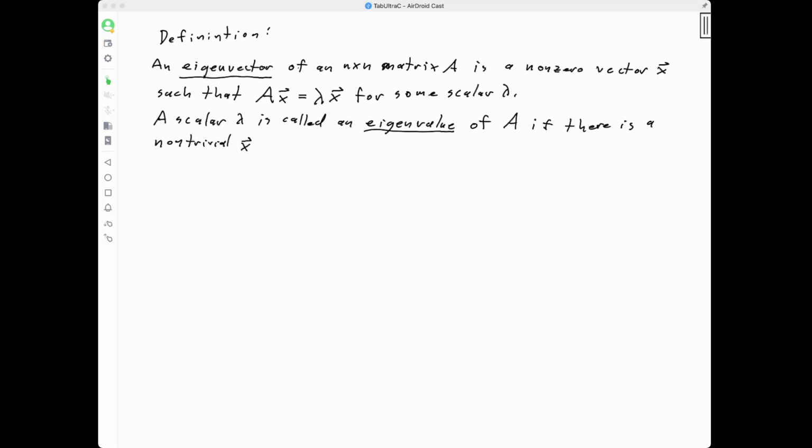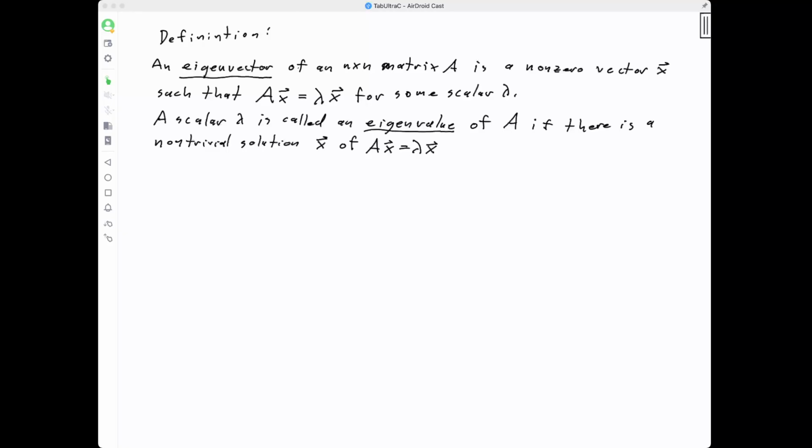What we mean by a non-trivial x is an x other than 0. So a non-trivial solution, we're saying other than just x equal to the zero vector.